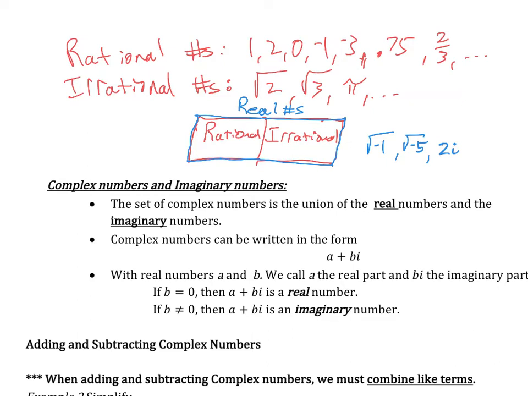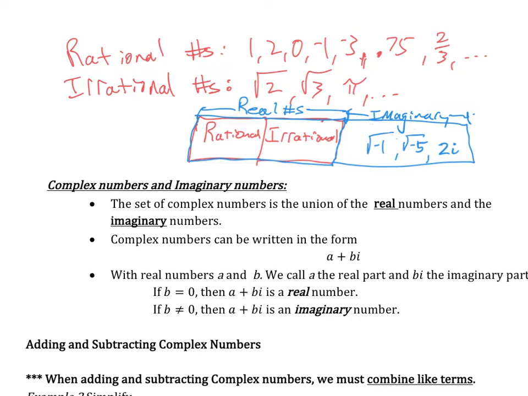So these are what we call imaginary numbers. So this would be the world of imaginaries. All right? So real numbers are just the rational and irrational, and then another group of numbers are the imaginaries. Okay? So we'll say that group contains all of our imaginary numbers.